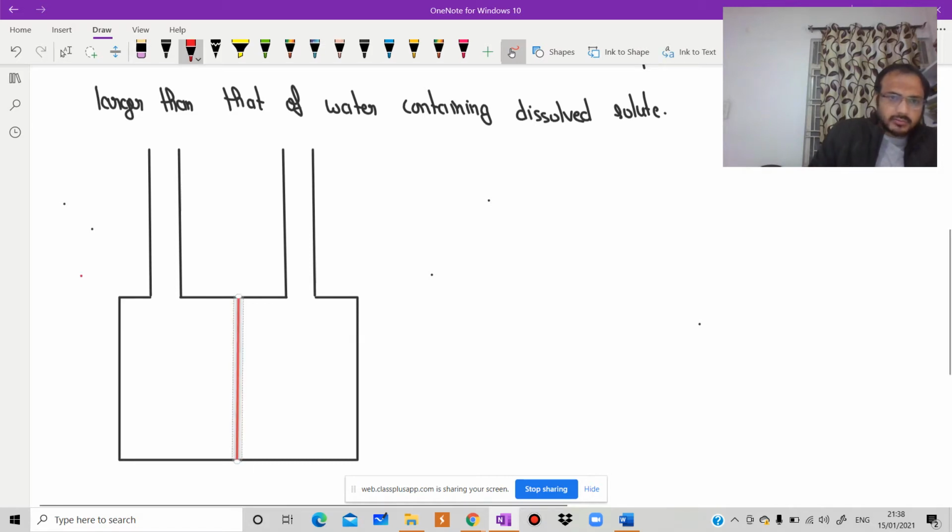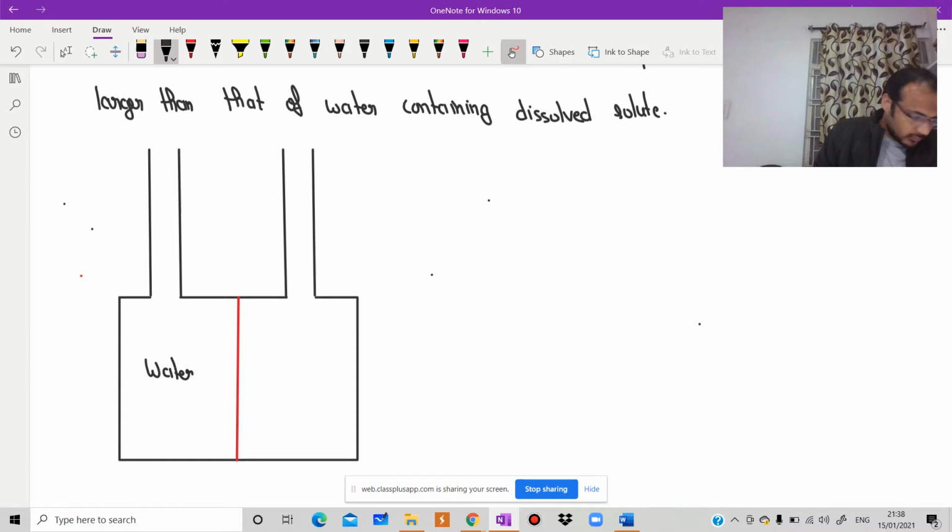Assume this one is the membrane. Suppose here we have water and here we have salt solution.